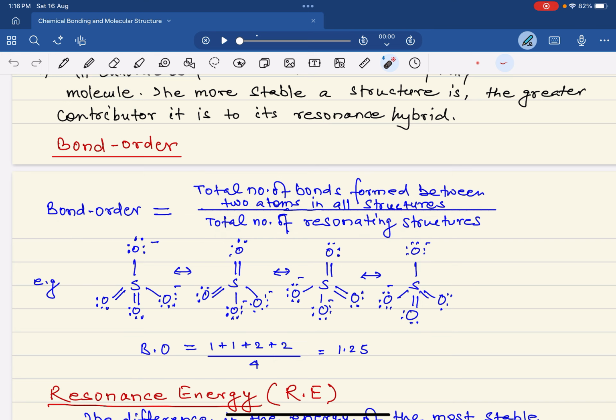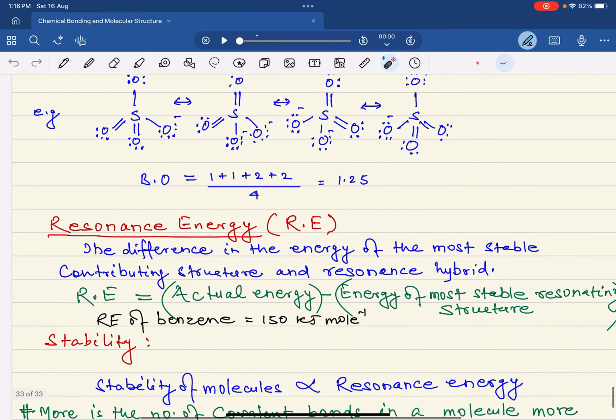For example, in the case of the sulfate radical, there are 4 resonating structures and sulfur forms 2 single bonds and 2 double bonds. So, total number of bonds 1 plus 1 plus 2 plus 2, which is 6, divided by 4, gives 1.5 as the bond order.